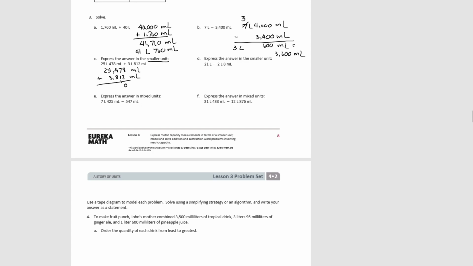If we add them, we'd get 29,290 milliliters, and we're going to leave it there since we're expressing them in the smaller unit. Pause the video and try D.